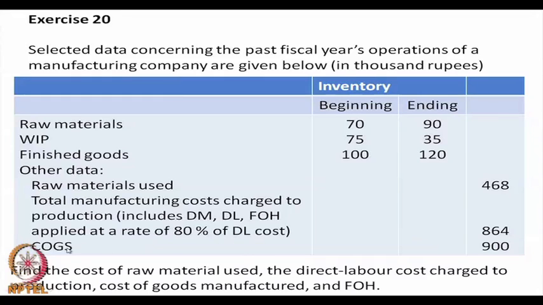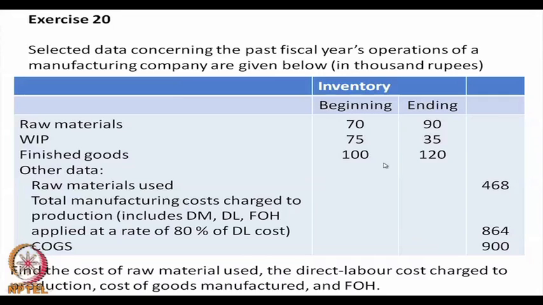And cost of goods sold came to 900,000. Three things are asked for. One, the cost of raw material used, the direct labor cost charged to production, cost of goods manufactured and factory overhead. These are the various things that are asked for in the question.